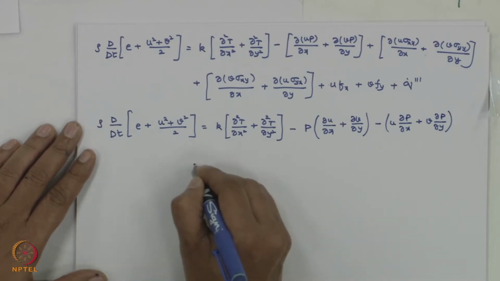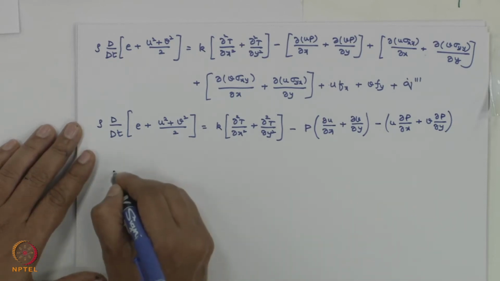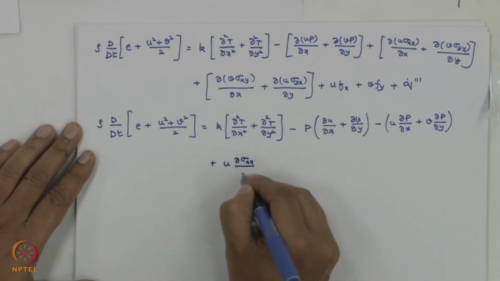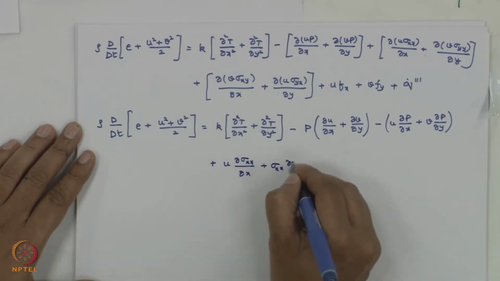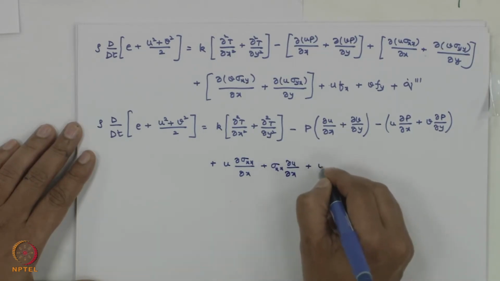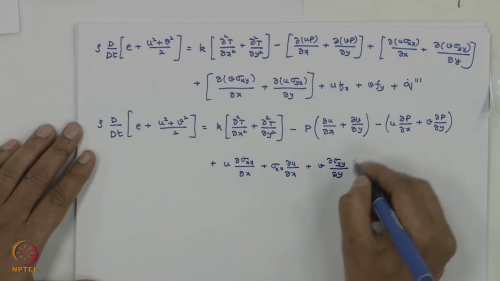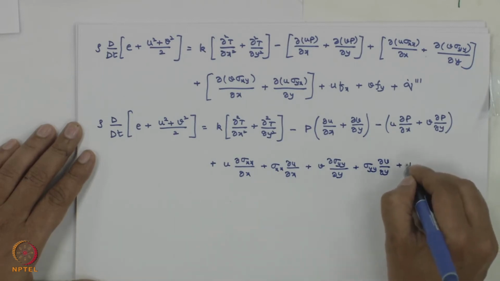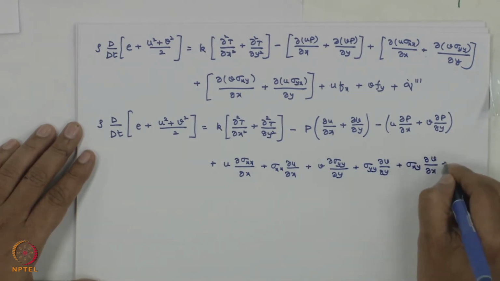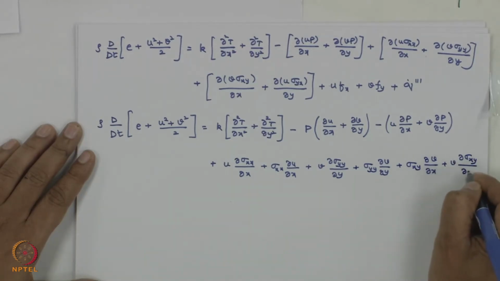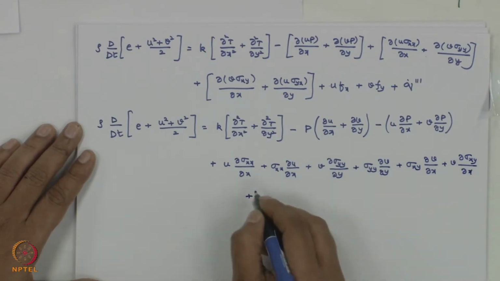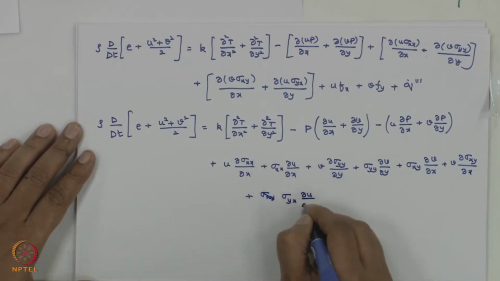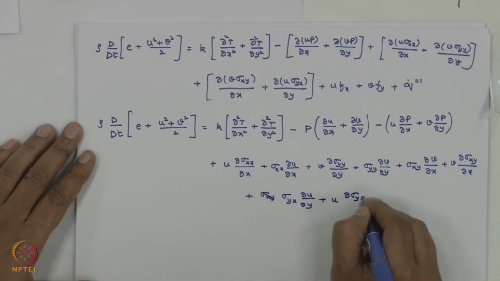Plus, now you can't take anything common, you will have to write everything. So plus, you just go on expanding this, no rearrangement: u del sigma xx by del x plus sigma xx del u by del x plus v del sigma yy by del y plus sigma yy del v by del y plus sigma xy del v by del x plus v del sigma xy by del x plus sigma yx del u by del y plus u del sigma yx by del y.